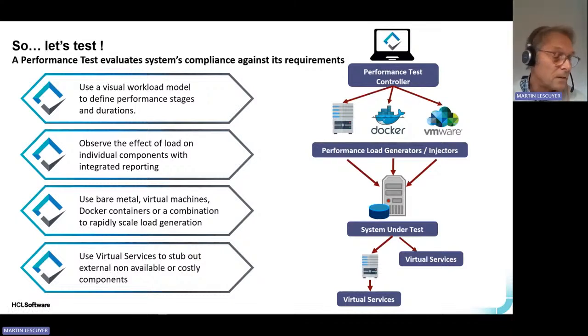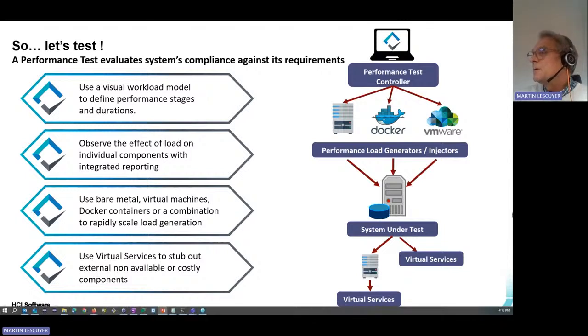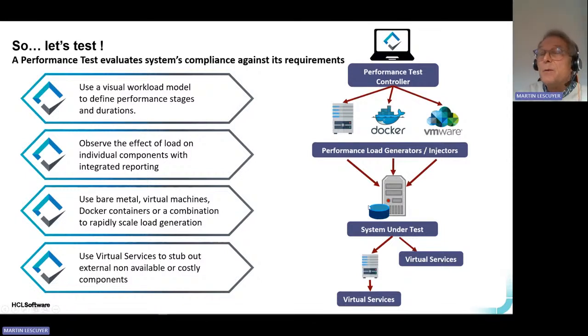Let's do performance testing of your application. The thing is that performance testing is not a quick and dirty task, something that you can do in 15 minutes with a single computer on the table. Unfortunately, that's not the case. Probably because your system under test is possibly really complex. Possibly it's distributed all over the planet.